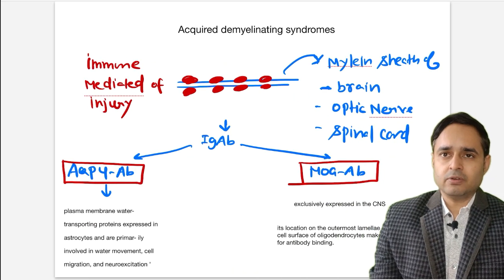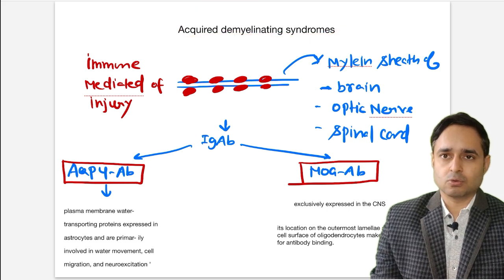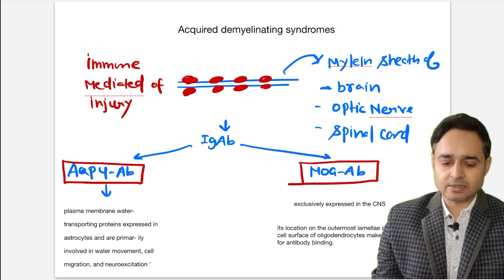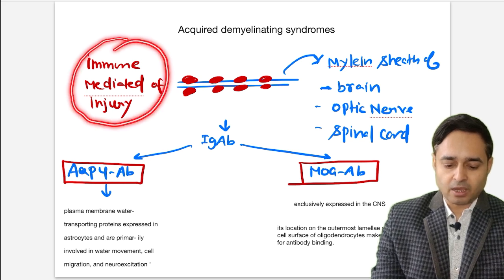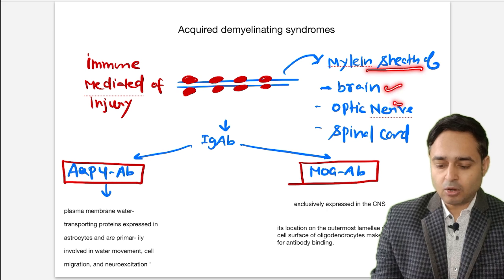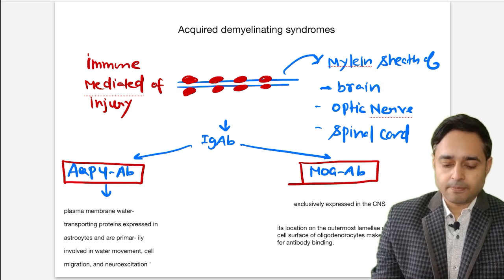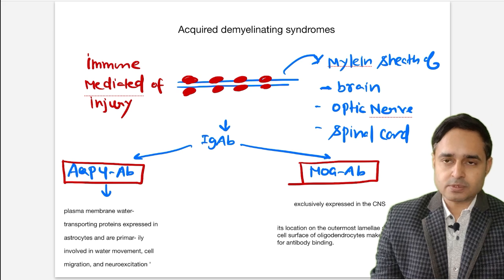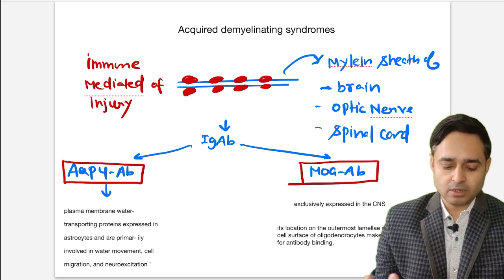Now we'll discuss acquired demyelinating syndromes. So what is the pathophysiology behind this? Immune-mediated injury occurs to myelin of the brain, optic nerve, and spinal cord. Antibodies form against these myelin subsets of the neuron.